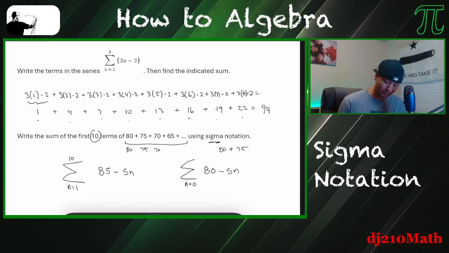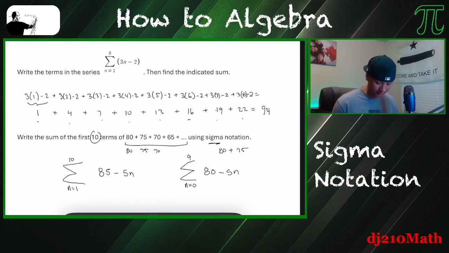And then the pattern would keep going. So we want the first 10: 0, 1, 2, 3, 4, 5, 6, 7, 8, 9. So from 0 to 9. Either one of these would actually work. You could start at 1, you could start at 0, you could start at whatever number you want. So yeah, I think this is good.